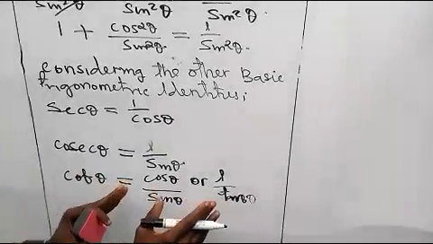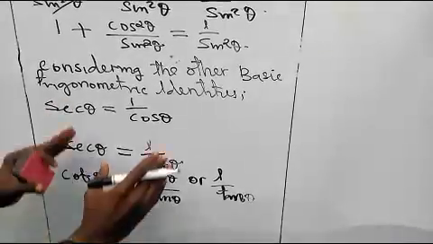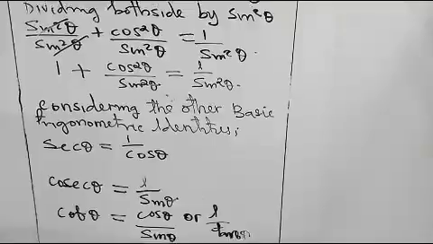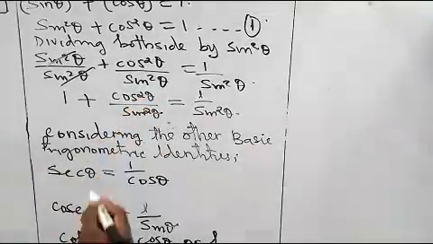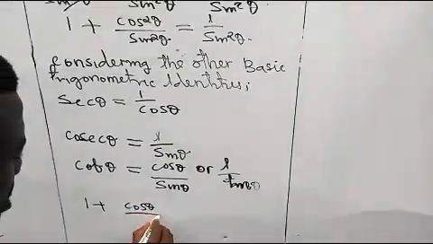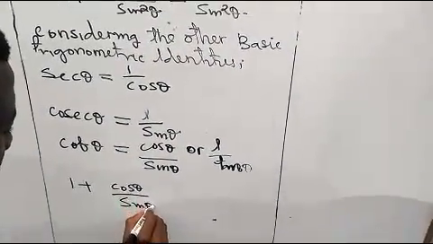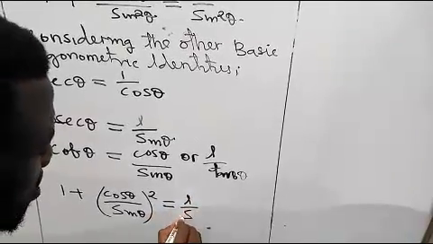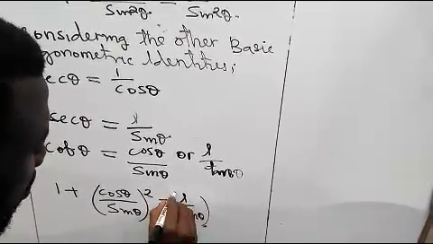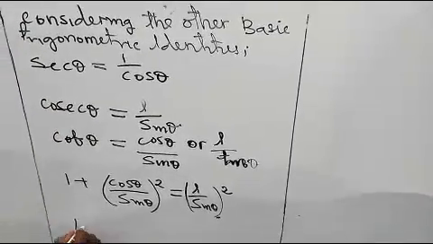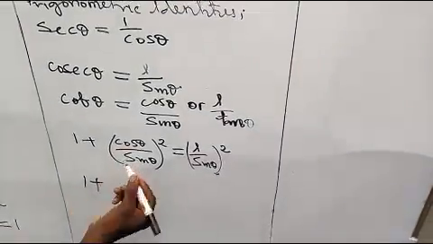Now we are going to use these other trigonometric identities to apply in our second trigonometric identity equation. So we are going to simply have 1 plus cos theta on sin theta all that squared equals to 1 on sin theta all that squared. So we are simply going to have cos theta on sin theta, which is simply what?